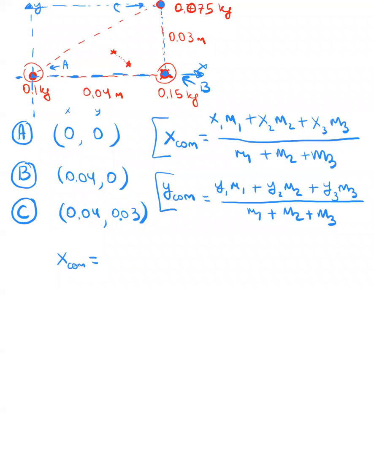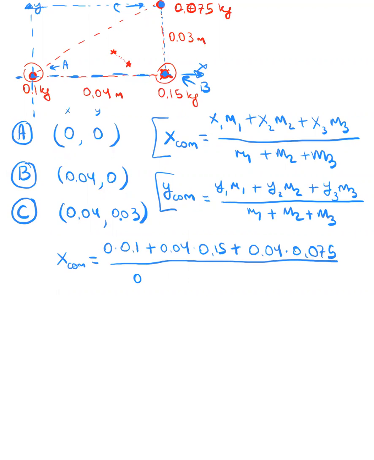So x center of mass is x1 times m1, that's 0 times 0.1, plus 0.04 times 0.15, plus 0.04 times 0.075. And I need to divide this by the total mass, which is 0.1 plus 0.15 plus 0.075.